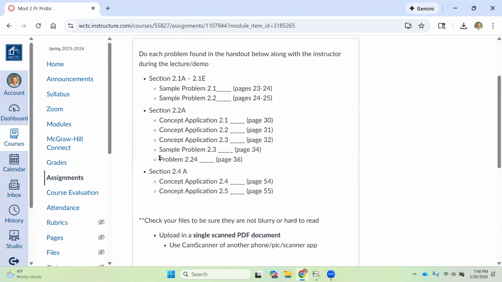You're going to be handing in practice problem 224. 224 uses problem 216, which is finding the components. So we're going to do the first part of that problem.